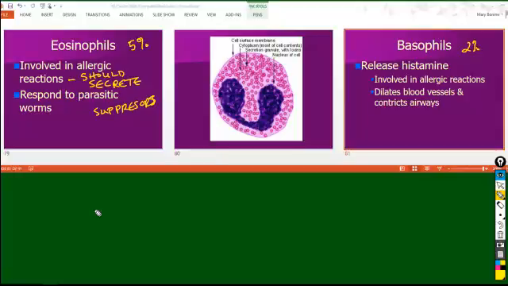Basophils, some of them actually flow through the bloodstream and some of them actually sit in particular tissues. They release histamine, and so they also can be involved in allergic reactions. And histamine is designed to bring blood to an area. So it dilates the blood vessels, and in particular, it also tends to constrict airways so that if the thing that is infecting us is coming through our respiratory system, it's blocked from being able to do that.